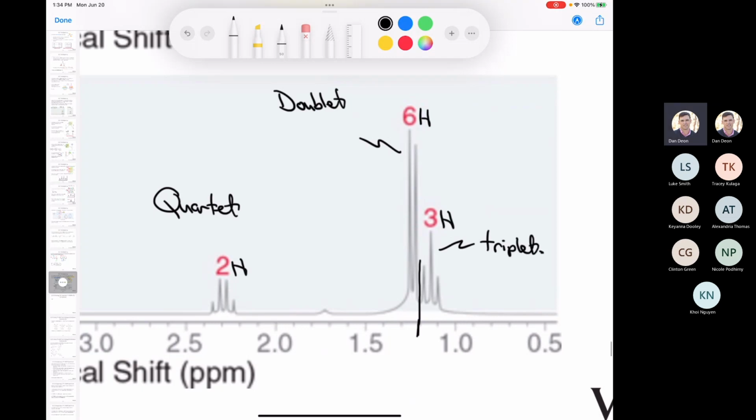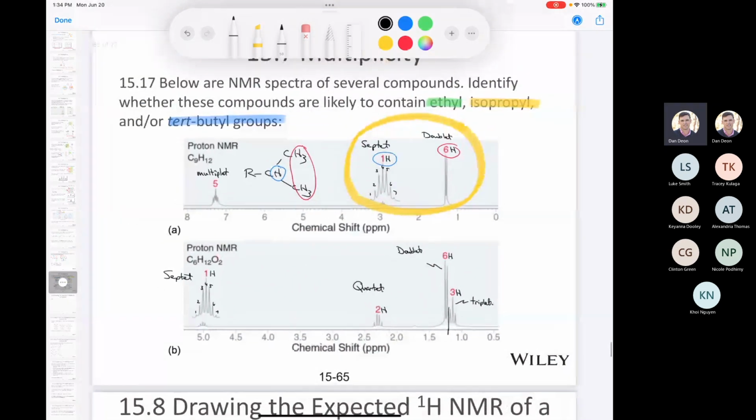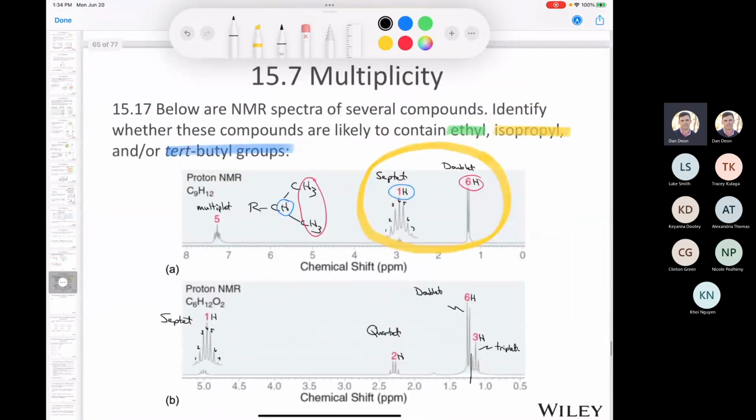So I actually see 2 alkyl groups in here. Could anybody identify any alkyl groups in here? An ethyl, an isopropyl, or a tert-butyl? Well, I'd say that there's 2.